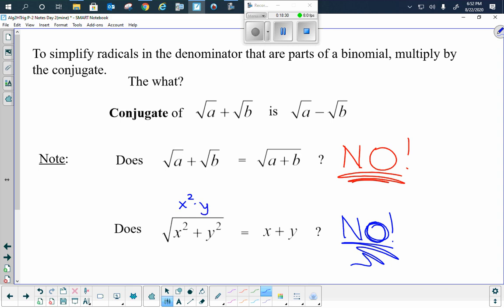If it was x squared and y squared, and you were taking the square root of it and they were multiplied, then you could start thinking about taking an even power of an even root and so on and so forth, and would it simplify that way? But addition and subtraction are a different animal.